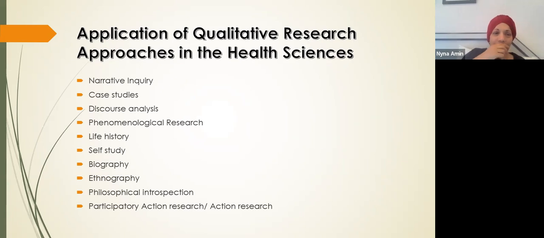So the two parts are: narrative inquiry is the way. The first part of it is how do you construct the narratives? And the second part is how do you analyze the stories? Through narrative inquiry, you generate stories, which become your data for the study.